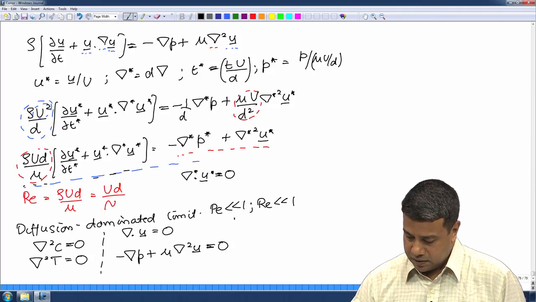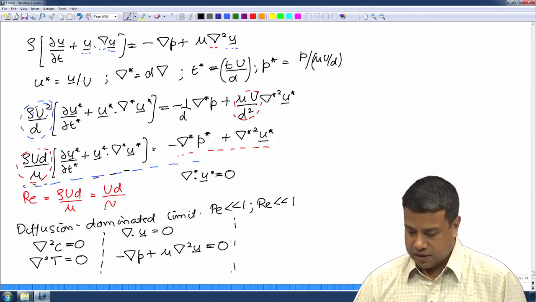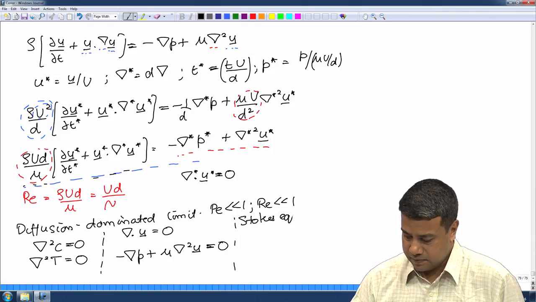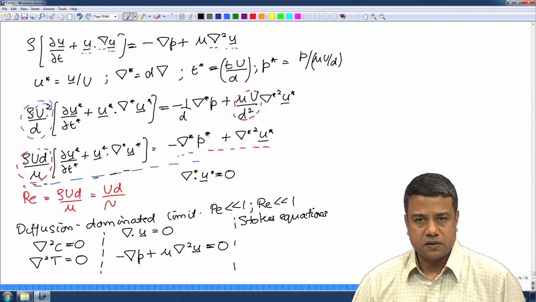These momentum conservation equations are called the Stokes equations in the limit of low Reynolds number.